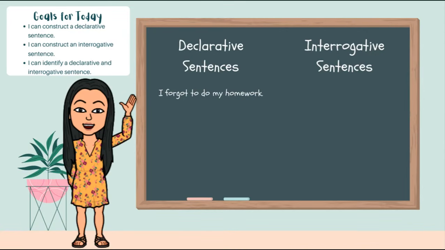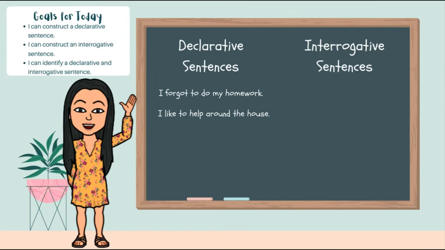Let's look at some examples of declarative sentences. This first example says, I forgot to do my homework. Now, this is telling about something, and it has an end mark, which is a period. Again, another example of a declarative sentence is, I like to help around the house.